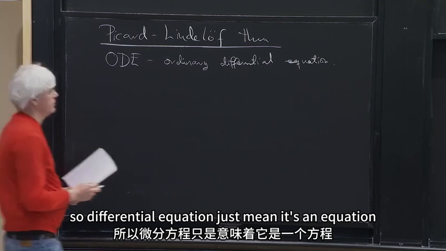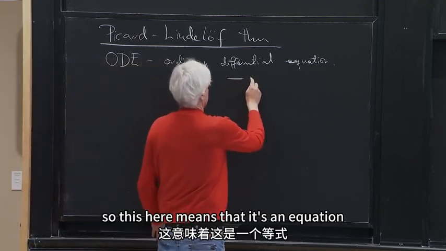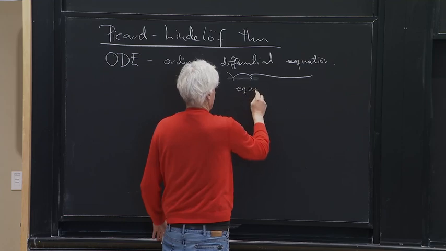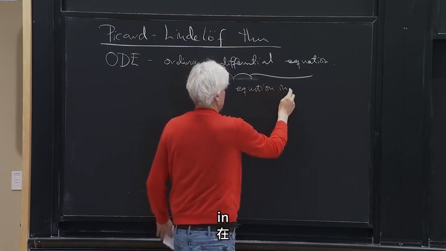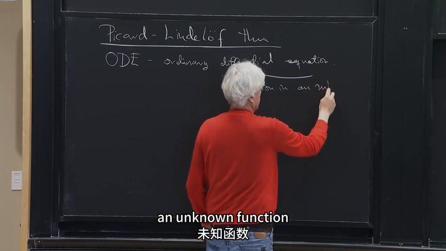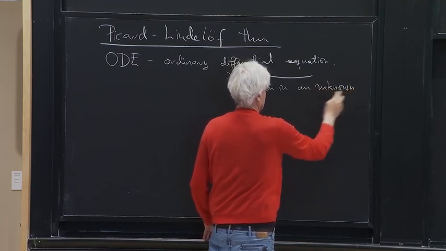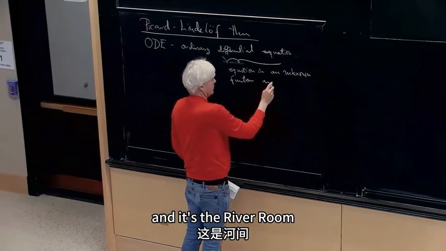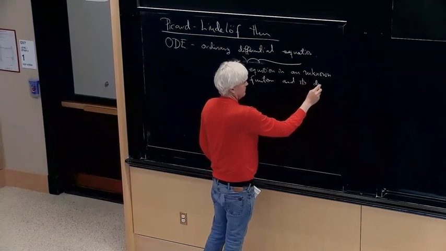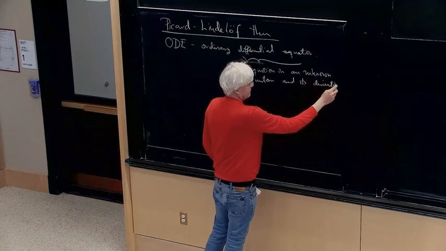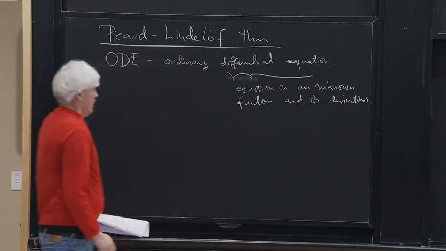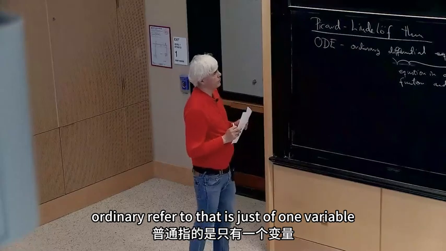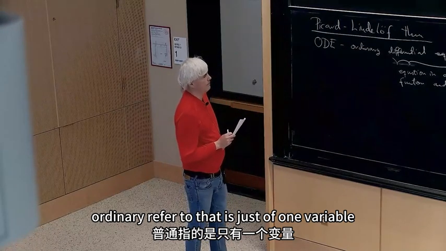So a differential equation just means it's an equation in an unknown function and its derivative. Ordinary, just as we talked about last time, refers to it being of just one variable, okay?